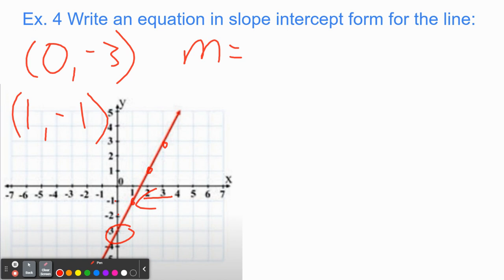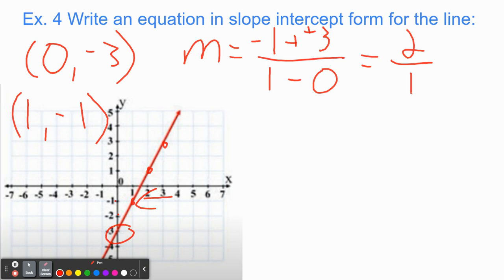So y2 minus y1, so this is going to be negative 1 minus negative 3 over 1 minus 0. Always love it when I have 1 minus 0. Did I do that right? Yeah, I did. Negative 1 plus 3 is going to be 2 over 1 minus 0 is 1, so my slope is 2.